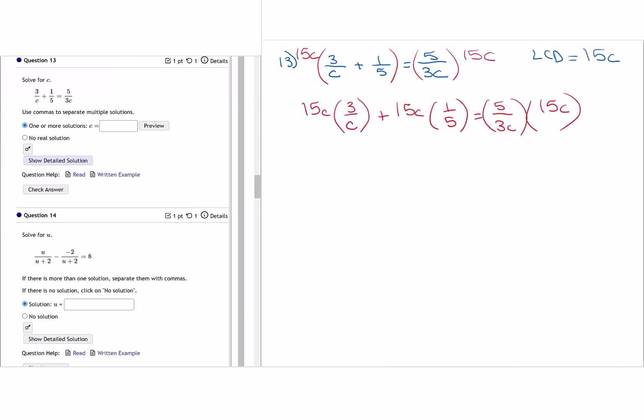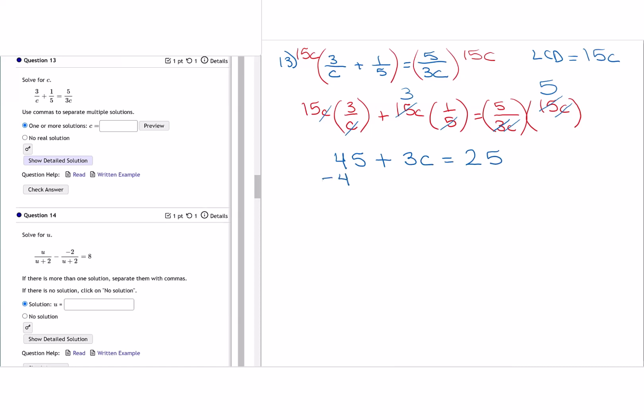I can come on through and cancel this c with this c. 15 over 5 is 3. C with this c. 15 over 3 is 5, which gives me 15 times 3 is 45, plus 3c equals 25.